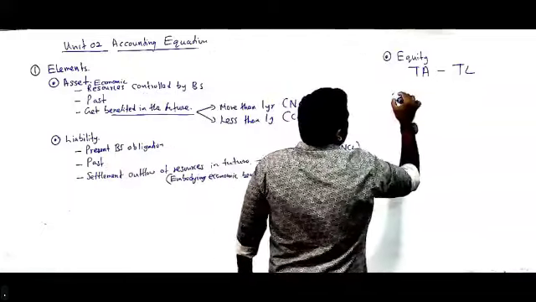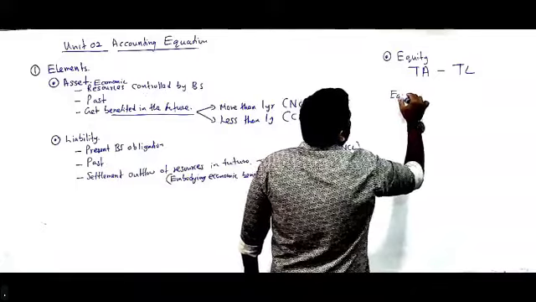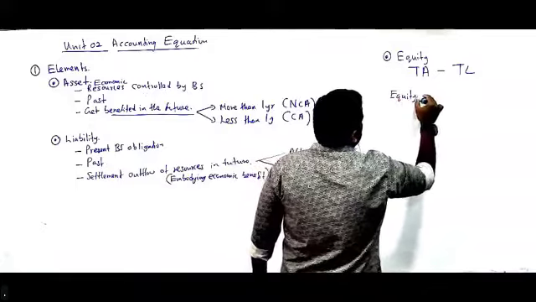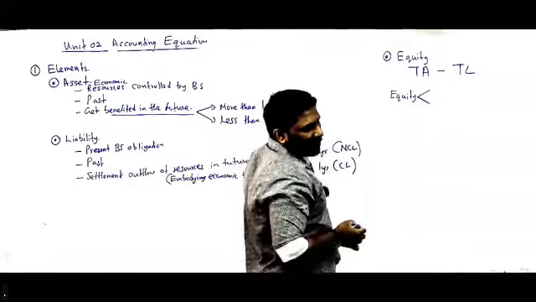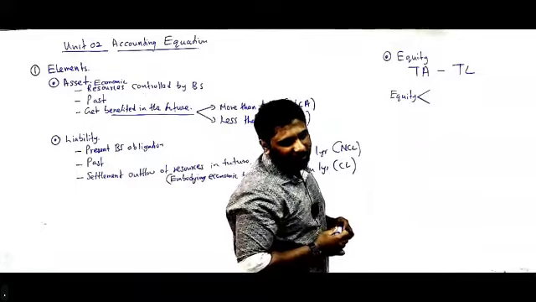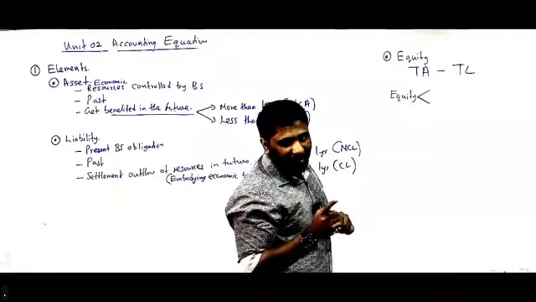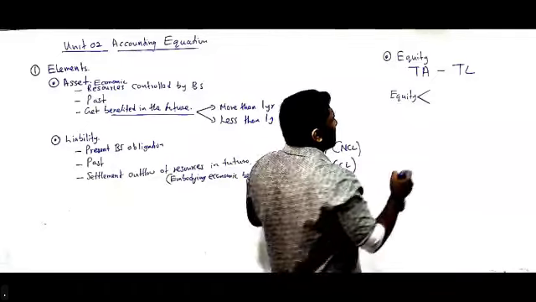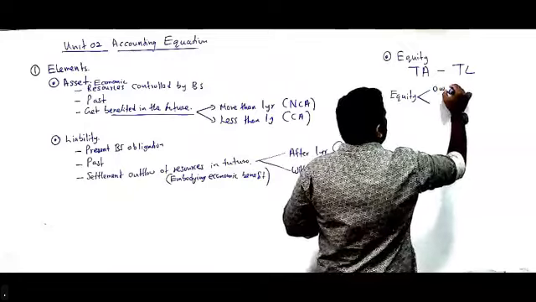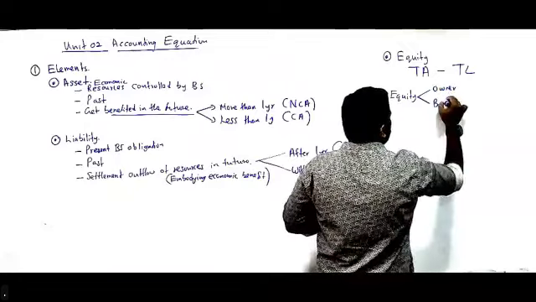For the equity of the business, two parties will affect it. Who are the two parties? One is the owner. The other one is the business.